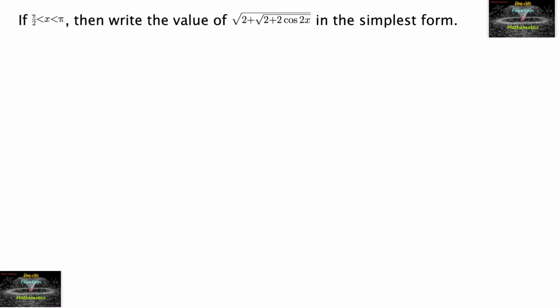Thank you. If pi by 2 less than x less than pi, then write the value of root over 2 plus root over 2 plus 2 cos 2x in the simplest form.